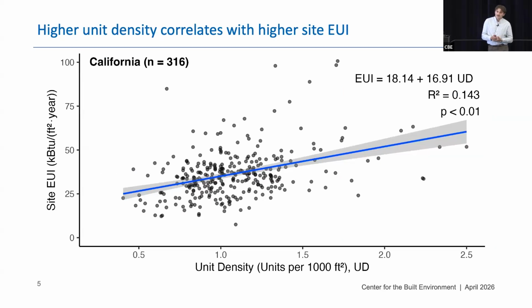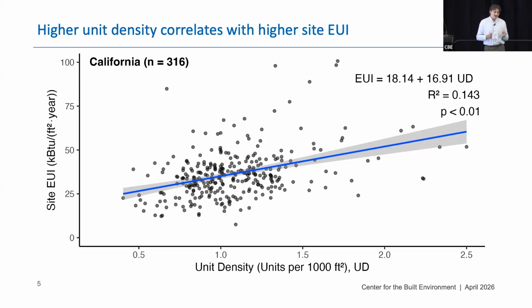This is the national data set, subsetted for California, and I've compared unit density on the x-axis in units per 1,000 square foot to site energy use intensity, or EUI, in kBtus per square foot per year on the y-axis. Unit density typically ranges from around 0.5 up to 2.5.